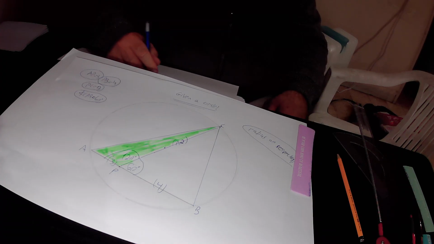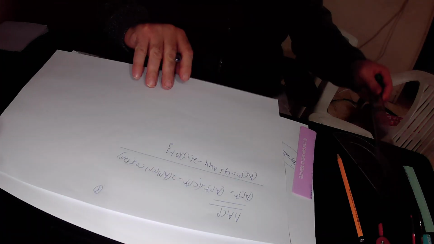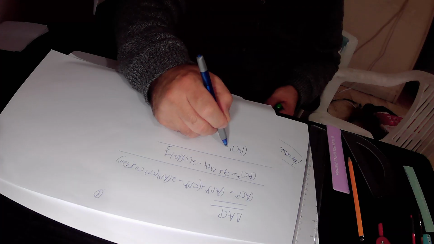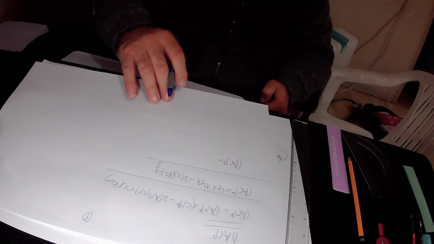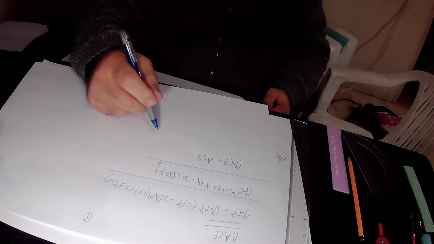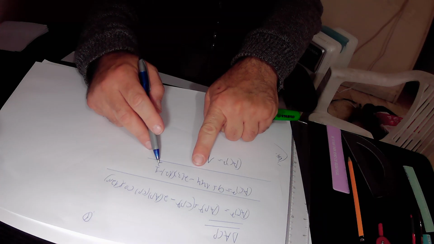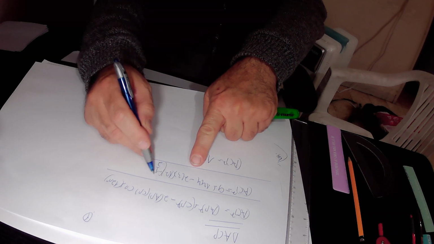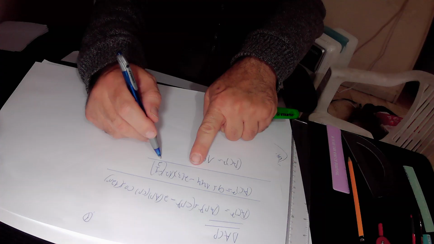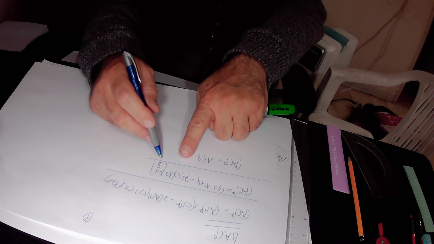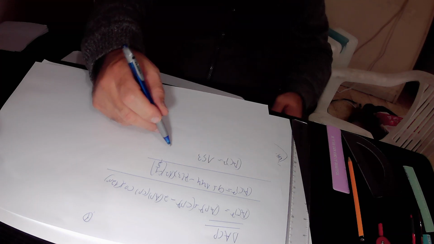So we found out that AC square equals 9 plus 144 is 153. Minus times minus is plus, so this expression is a positive expression, and we have 2 in the numerator, 2 in the denominator, so the 2s get cancelled. So this expression in total equals 3 times 12 is 36, so it is plus 36.